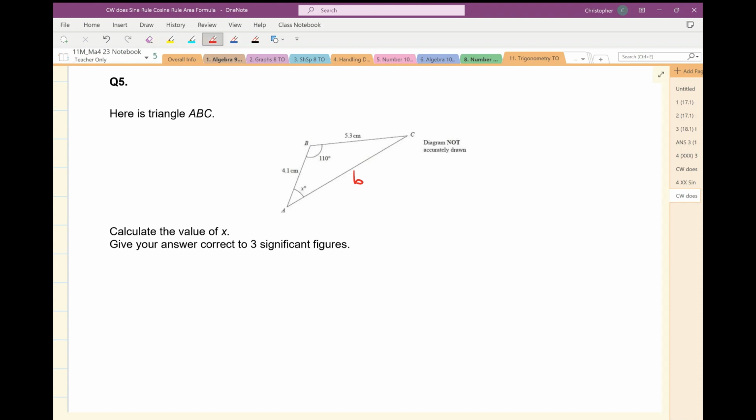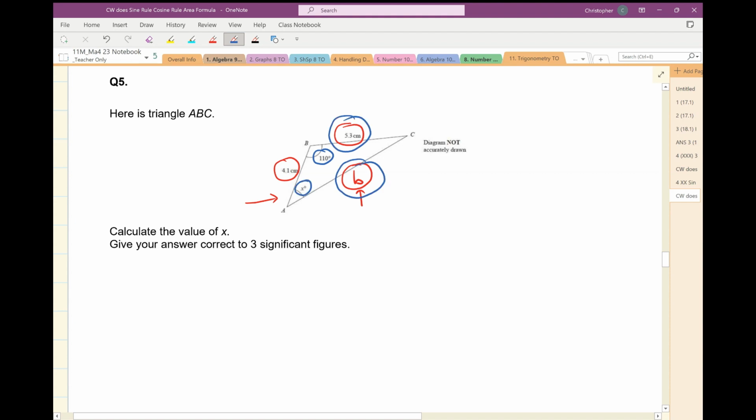Well, if I found the side b here, then I would have all three sides of the triangle. So I could use the cosine rule to find little x, or the sine rule to find little x, because I'd have that side and the opposite, and I'd have the opposite and x. Okay, so lots of options here.